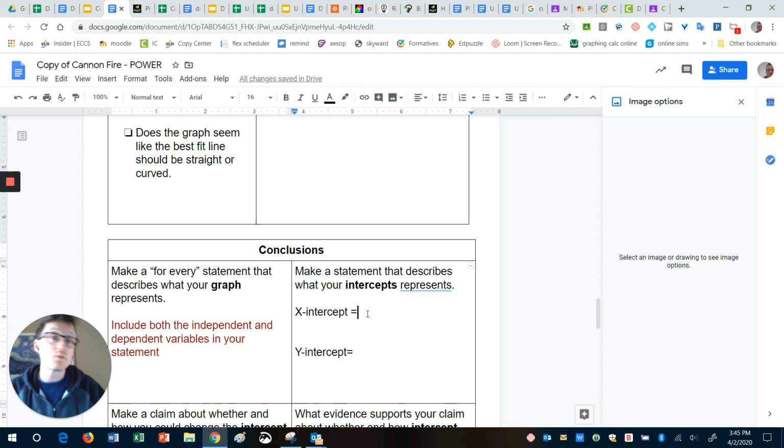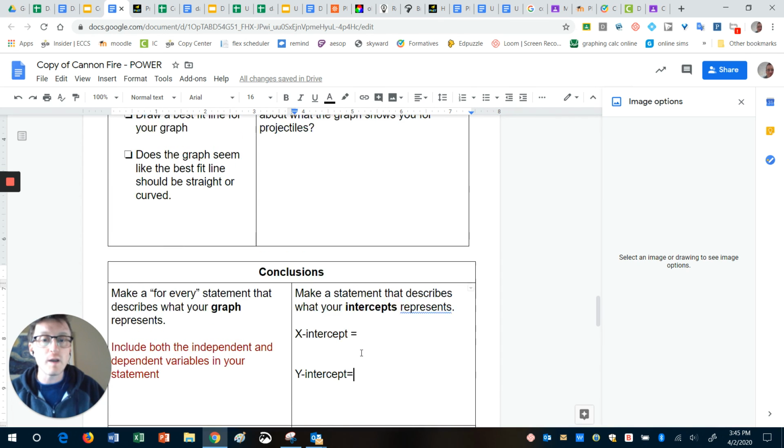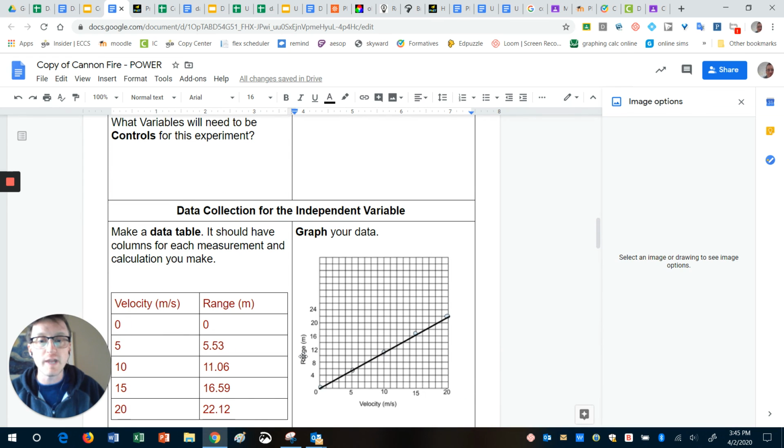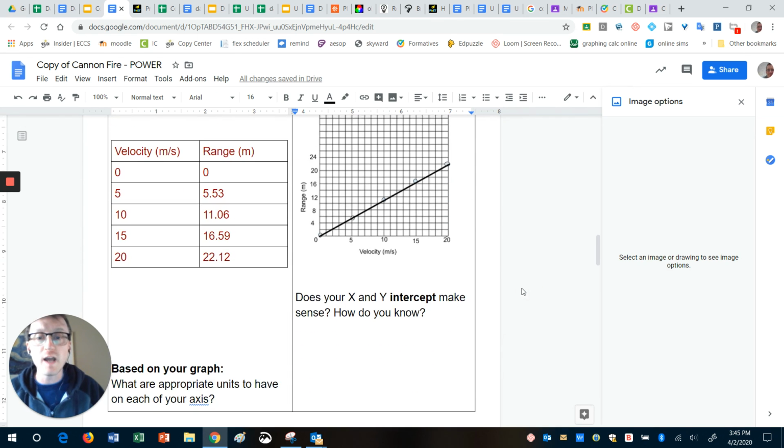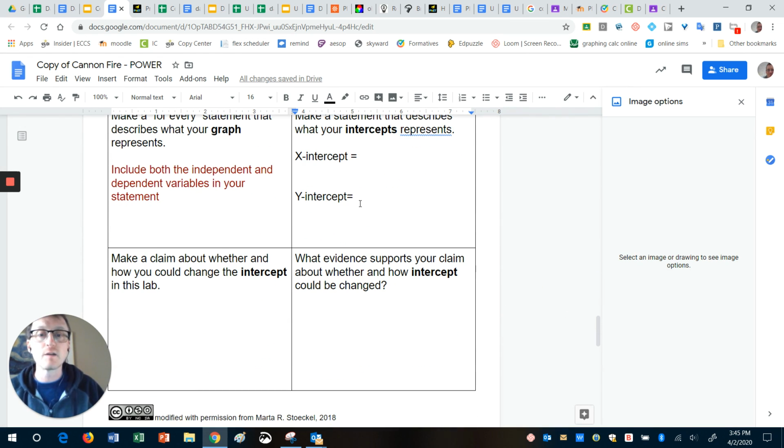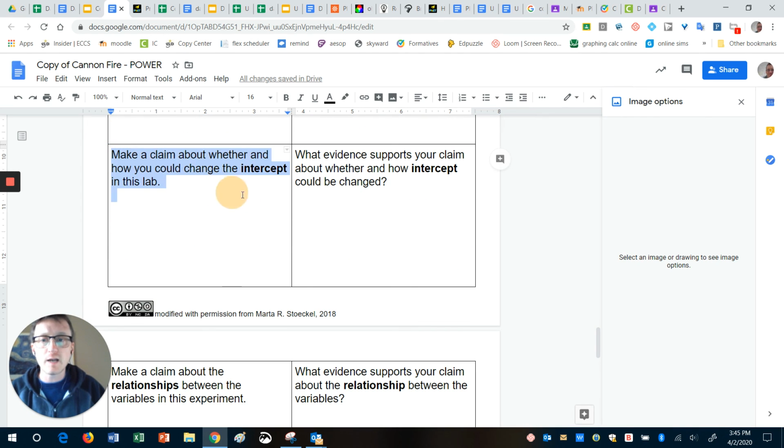The x-intercept is when your velocity is 0. Do the same thing for y. What is your y-intercept measuring? Well, that is your range. That's why it's important to have those things labeled. So a y-intercept is basically saying when your range is 0.